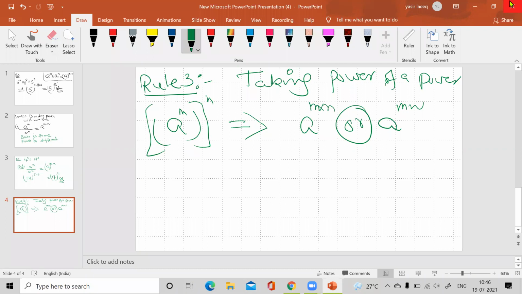Open your book. You can do the miscellaneous example also. Yes, sir, I will send you question number 1 of exercise 8.2. Sir, please check that. Okay, please send me.